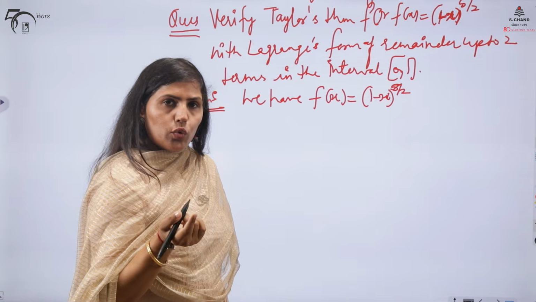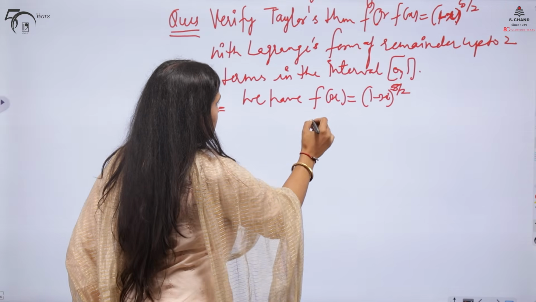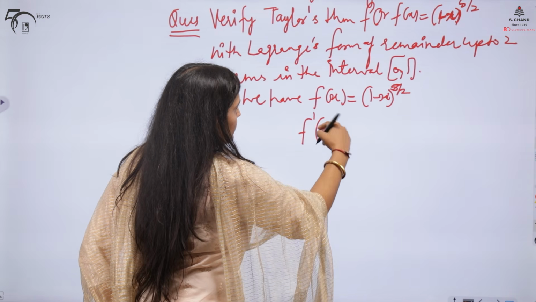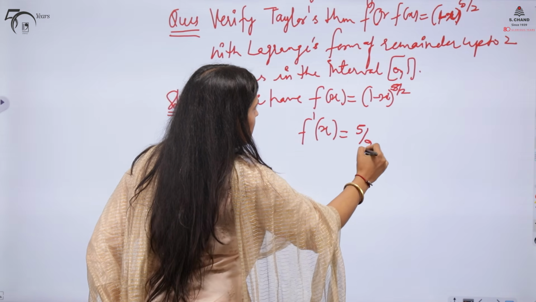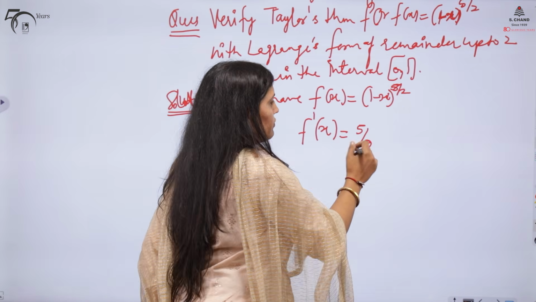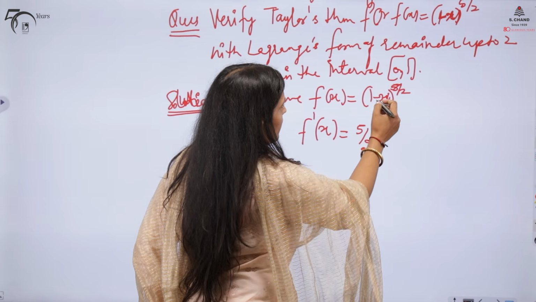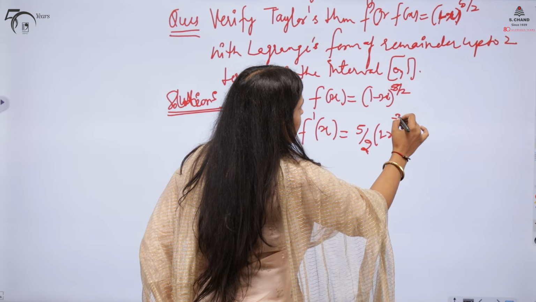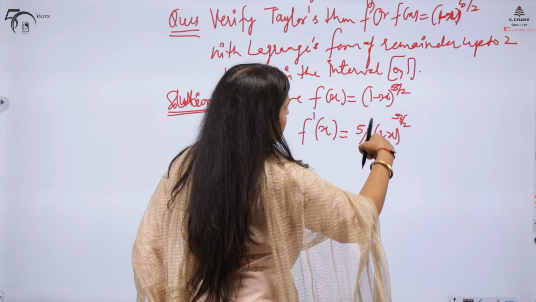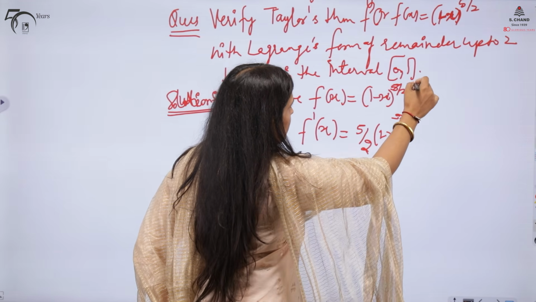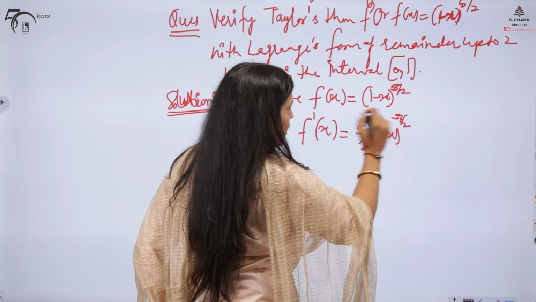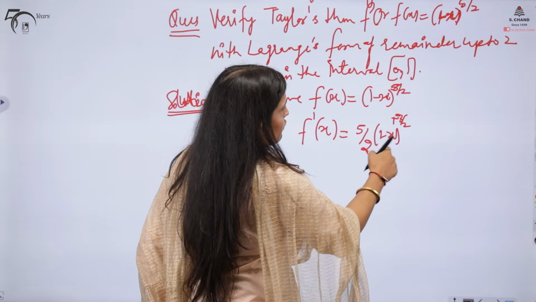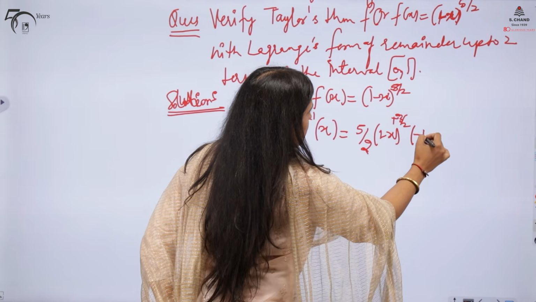If it is up to 2, according to the statement of the theorem, we need the first derivative. Apply the power rule for the derivative, we have already done differentiation. So it is 5 by 2, (1 minus x) to the power minus 3 by 2, because you put the power in front and subtract 1 from the power, and the derivative of the expression is minus 1.